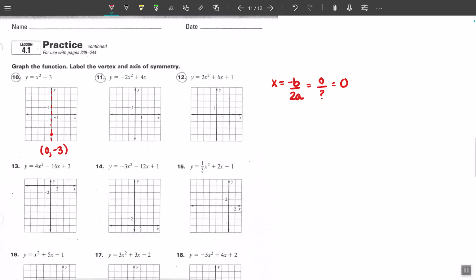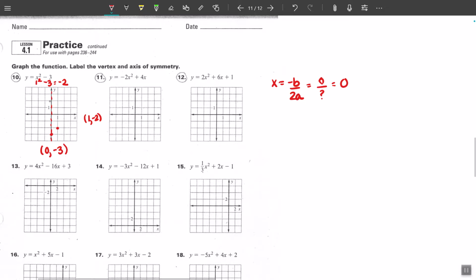We can go to the right or the left. I'm going to go to the right, and I'm going to calculate what my y is when my x is 1. So I will just take 1 and plug it in here, and it'll be 1 squared minus 3, which is going to give me -2. So when my x is 1, my y is going to be -2. So that will put me right here.